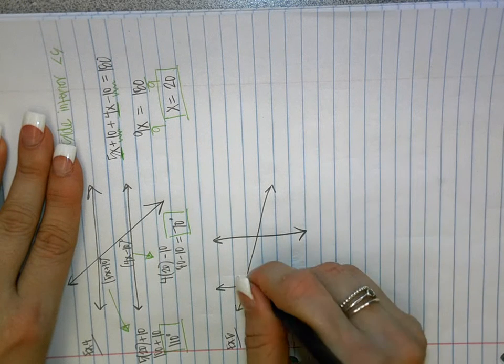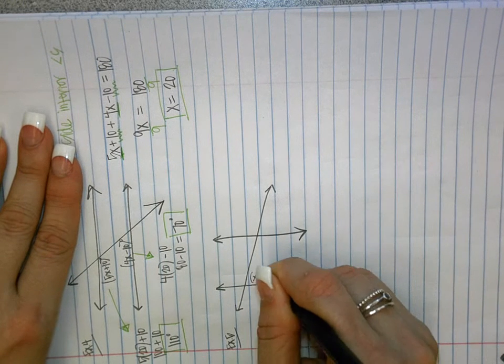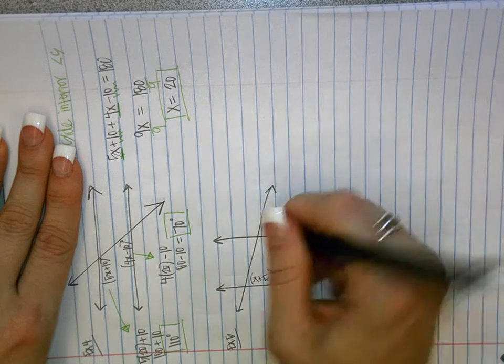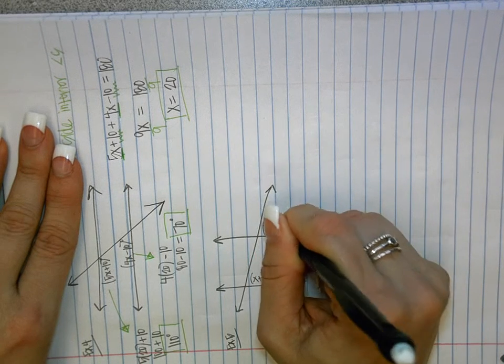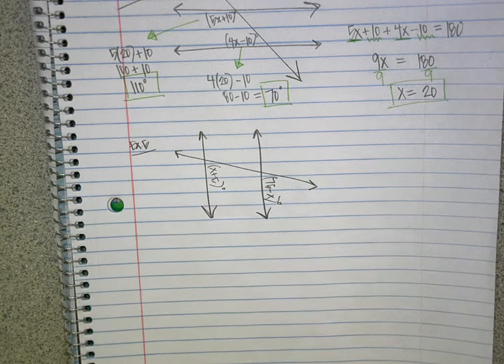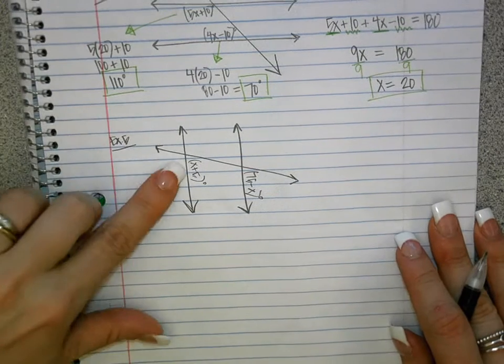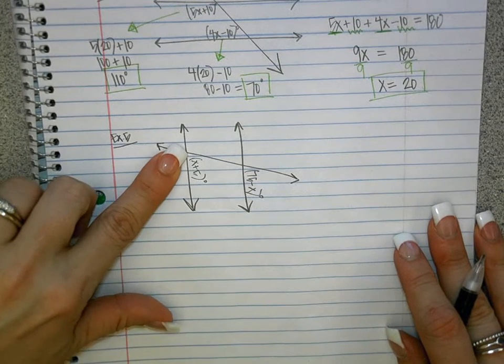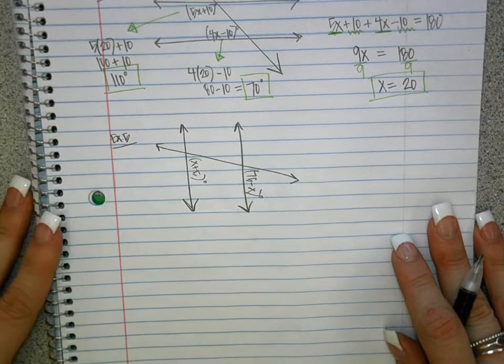And this is x plus 5 degrees, and this one is 75 minus x degrees. I don't want you to be thrown off by the sideways writing. So x plus 5 degrees and 75 minus x degrees.